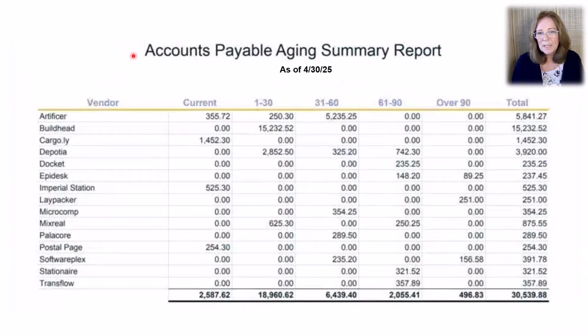Here's an example of an accounts payable aging summary report that shows the vendors and the amounts due by how past due they are.